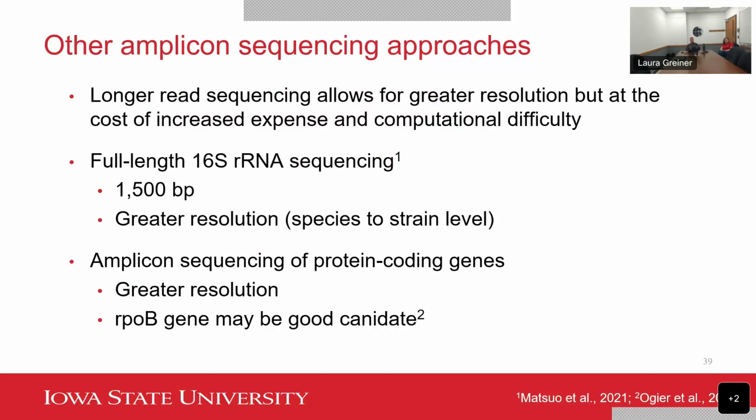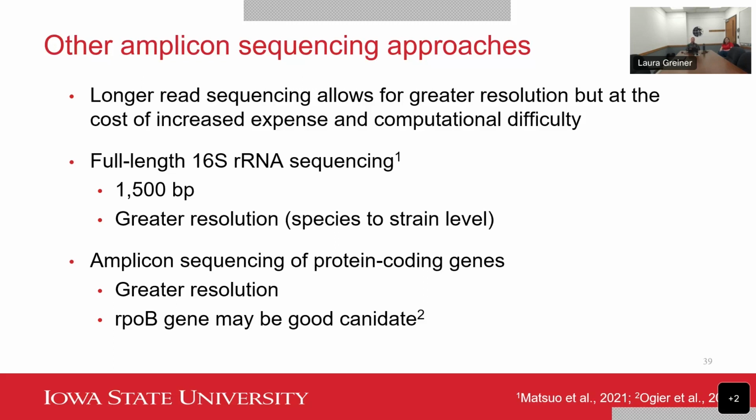But as we continue to move forward, we may see some of these approaches becoming more common. One of those is sequencing the full 16S gene, all 1,500 base pairs. By doing that, we use all of that variability to distinguish between microbes, and that gives us greater resolution. So we can get down to species and even strain level resolution with this approach.